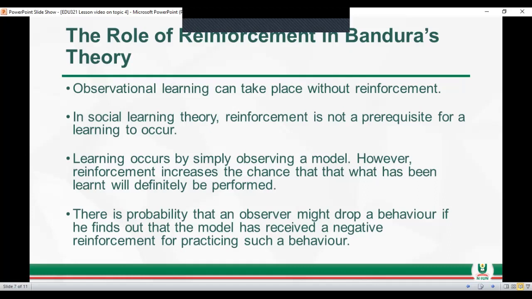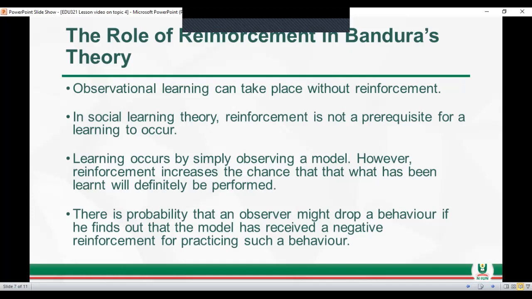But in this case, no reinforcement is needed. Bandura believed that what is needed in his theory is just observation and imitating the actions of others.